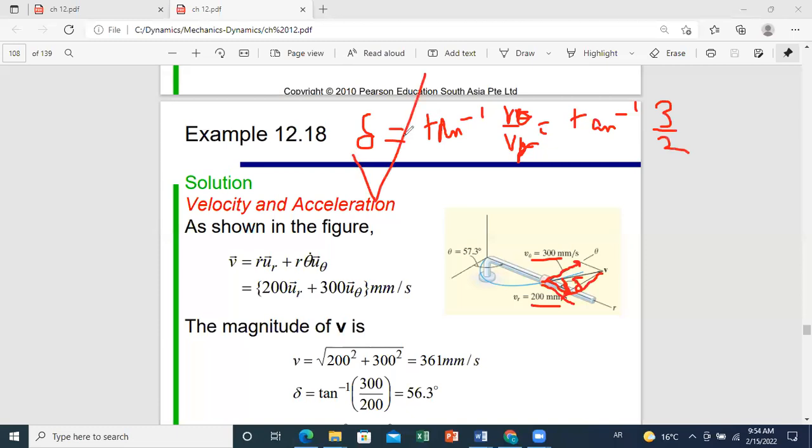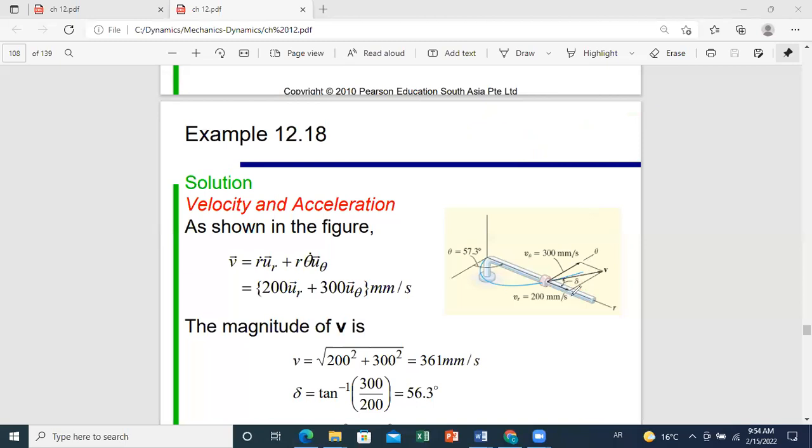Now, after you get delta, if you go back to your figure, what is the total angle between the reference line and V? What should you do then? Look, we can illustrate it here so you can see it better. This is the velocity vector.